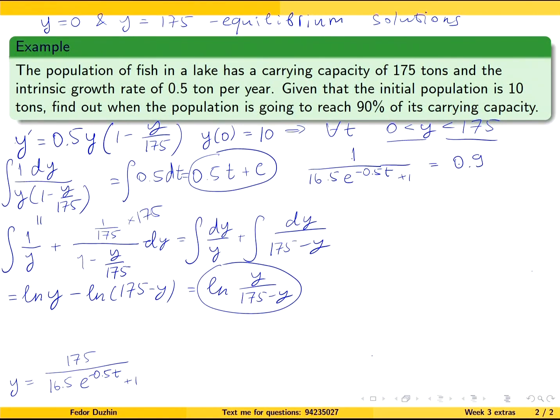Then what we get is 1 equals, multiplying by the denominator, 0.9 times 16.5 e to the power minus 0.5t plus 0.9. So 0.9 times 16.5 e to the minus 0.5t equals 0.1.